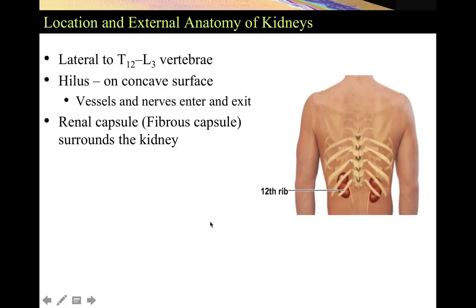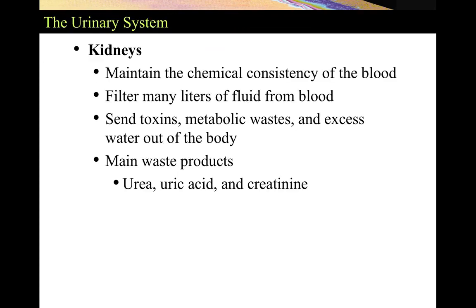Another function that we will talk about later in much more detail is the role the urinary system has in maintaining pH. Maintaining pH has to do with balancing your hydrogen ions and your bicarbonate.